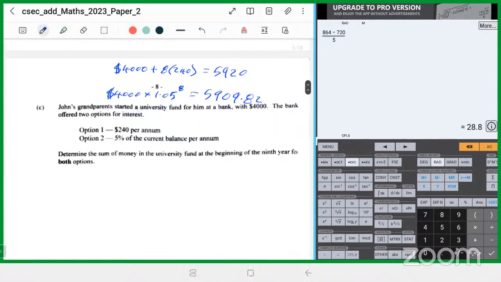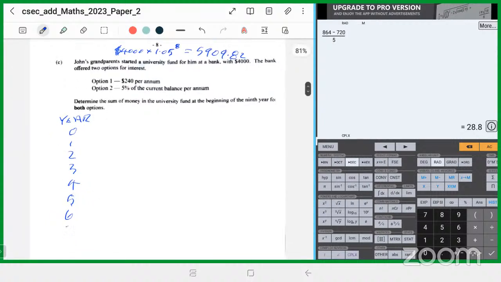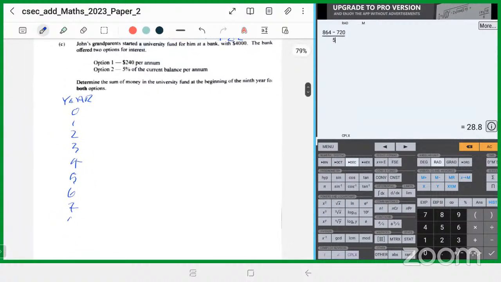All right, so year 0. Let's put the year so when you start. Year 1, 2, 3, 4, 5, 6, 7, 8. So start here, and this is 1 year, 2 year, 3 year, 4 year, 5, 6, 7, 8.